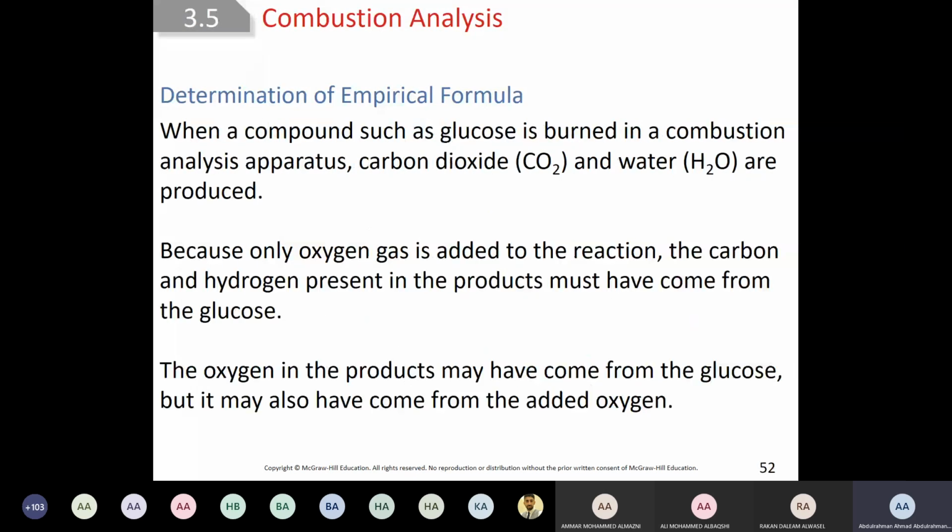Let me tell you this. If I have CO2 and I want to know how much carbon is in it, there is carbon and O2.